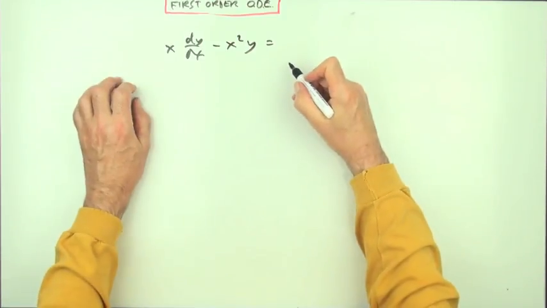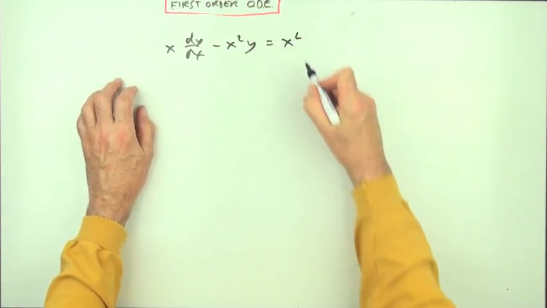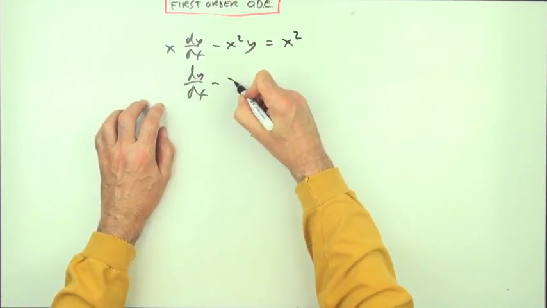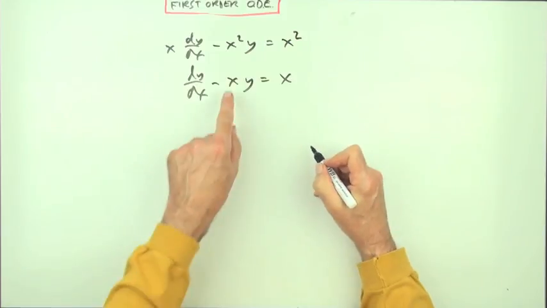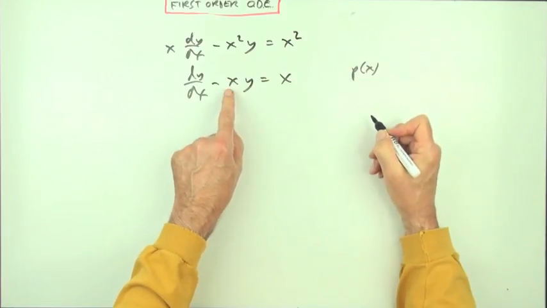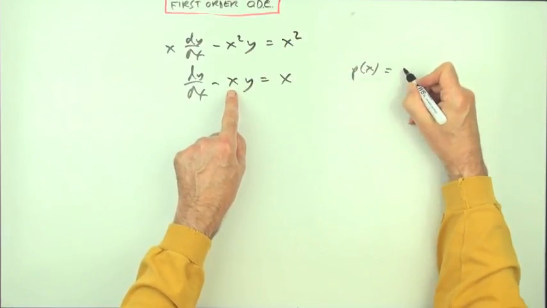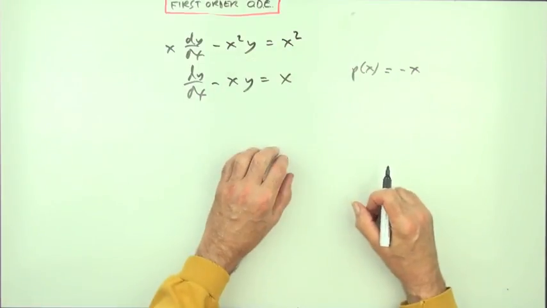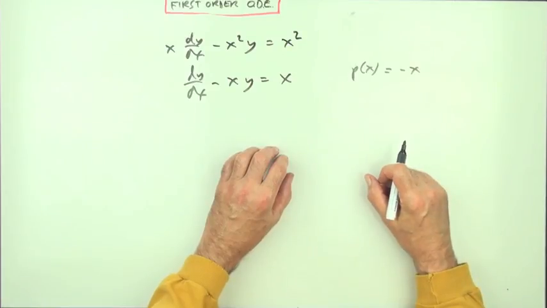Now that I've written it down again, what would it have been if you did it the integrating factor way? Well, you'd have said this, right. That's xy equals x, right. This p of x, this negative x, is going to be the derivative of that e thing, that integrating factor.